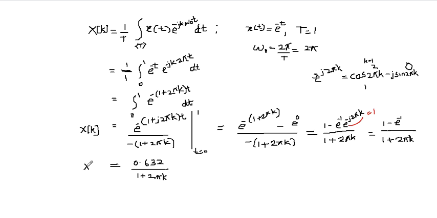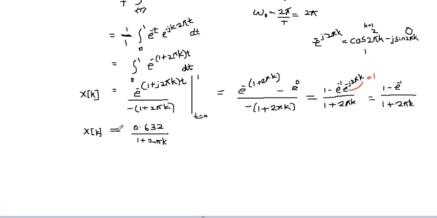The next thing is we need to draw the magnitude and phase plots. In order to do that, we need to substitute different values of k, like k equal to 0, 1, 2, even minus 1, minus 2 like that, and we'll be finding the magnitude, and by finding the phase also we'll get the phase plot. So let's do that. Let's find the magnitude plot of x of k.